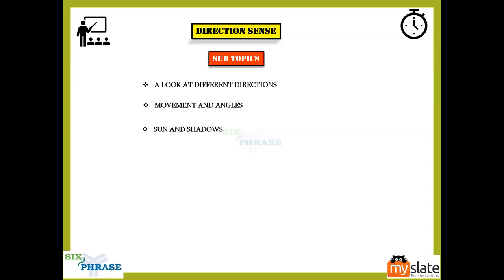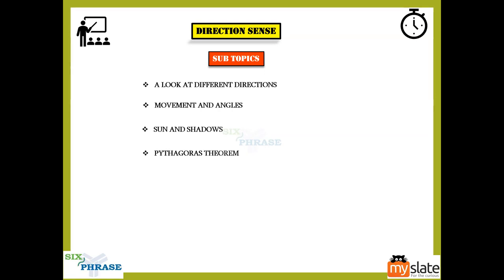And we look at sun and shadows, depending upon where the sun is. If it is morning, the sun will be in a specific direction, right? During evening times, the sun will be in a specific direction. So in suns and shadows, we look at where the shadows will be for a particular position during sunrise and sunset.